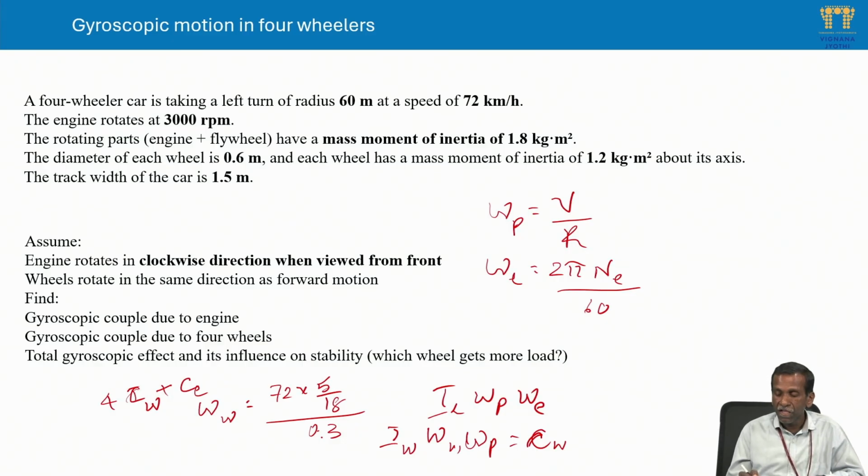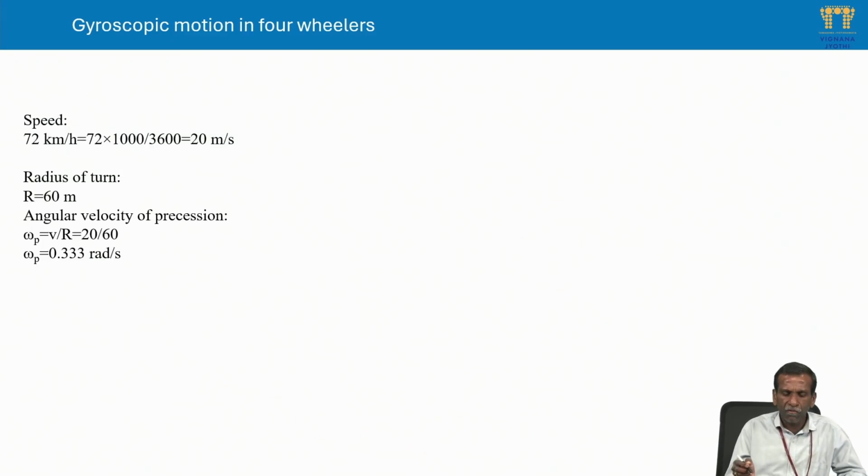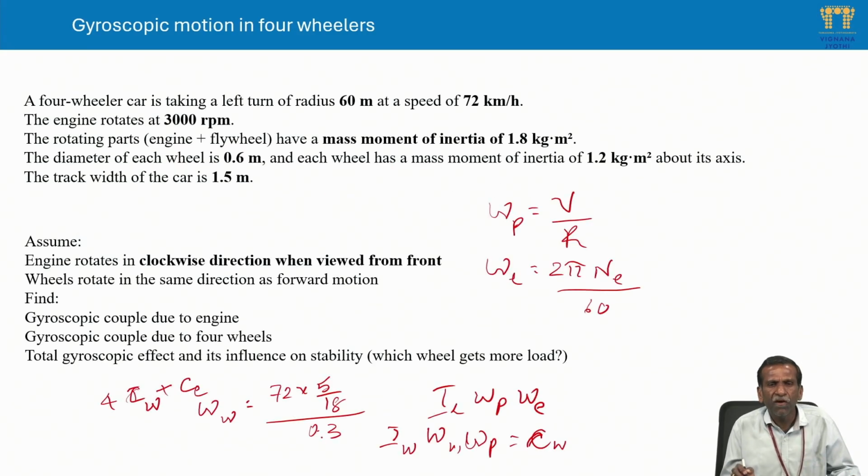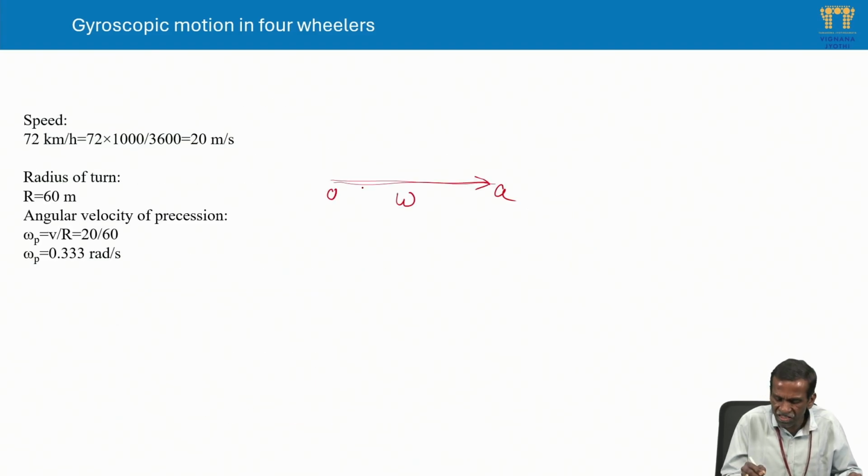Coming to the influence, now I will explain how it works. We are viewing from the front wheels. This is the vector omega of the wheels as well as the rotating parts, let us say omega, in the direction O to A. Then the given motion is that the vehicle is going to take a left turn. A left turn means this spinning axis is going to rotate in this direction.